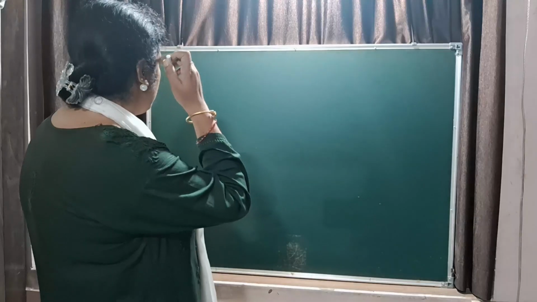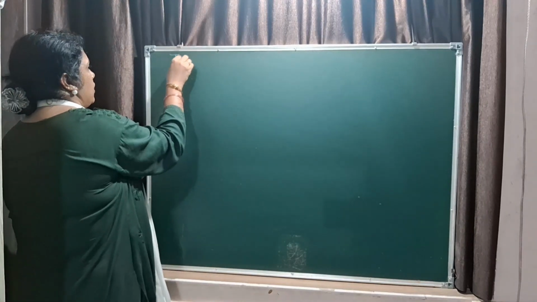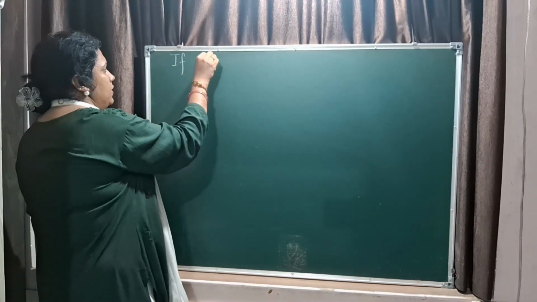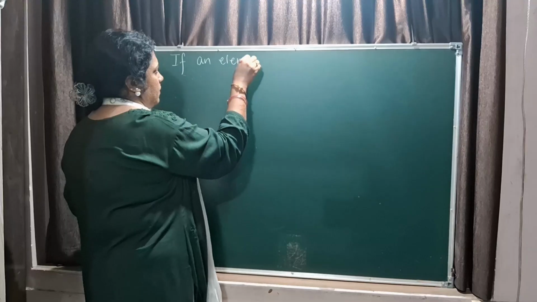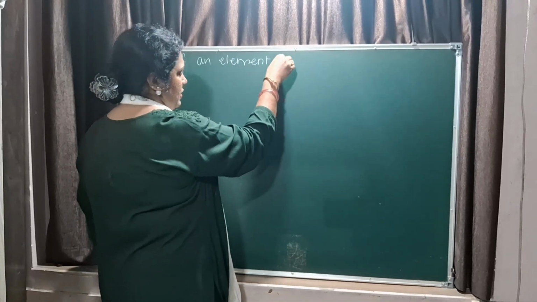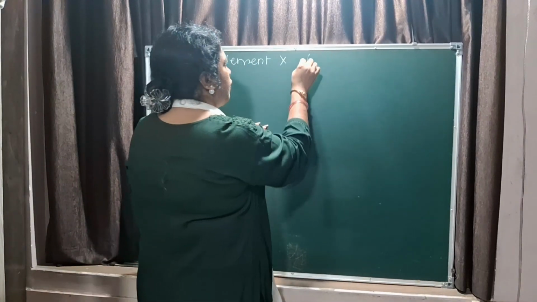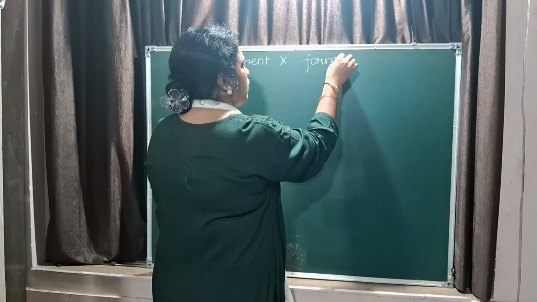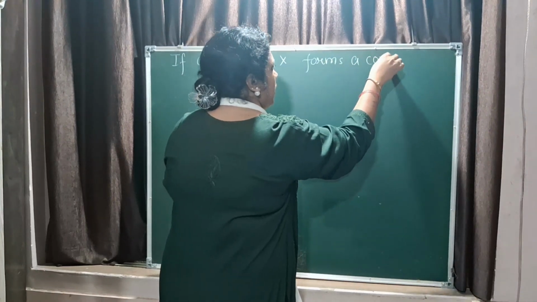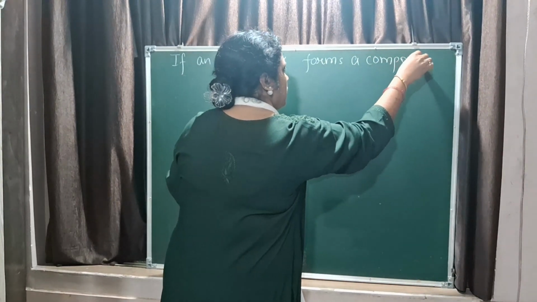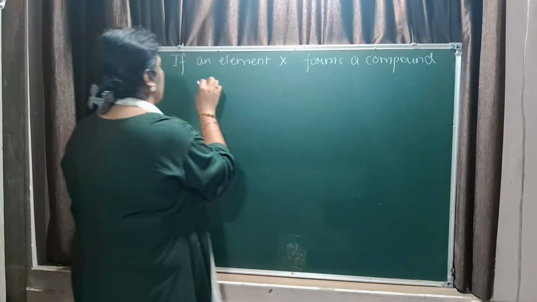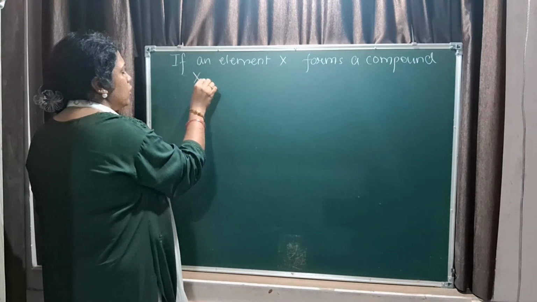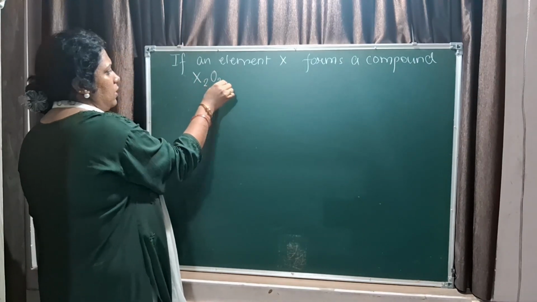Now based on valency, many questions can be asked, right? A simple question I can tell you is, if an element X forms a compound X2O3.